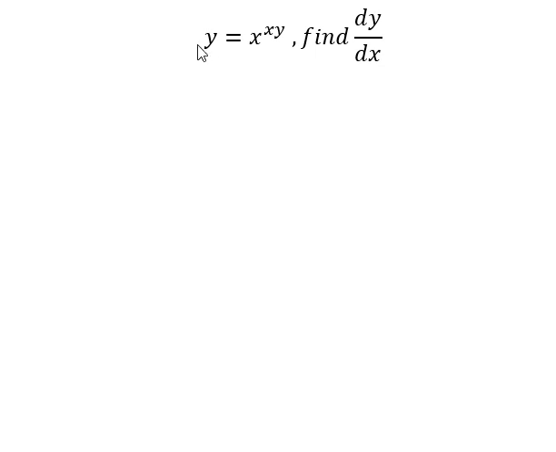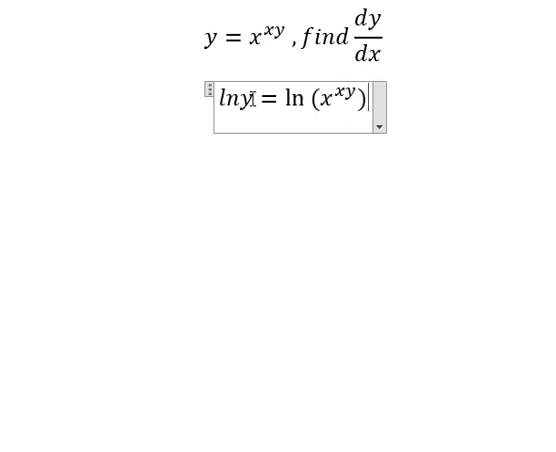So today I want to answer about this one. Before we find dy over dx, we need to put the natural log on both sides. So we have the formula in here.